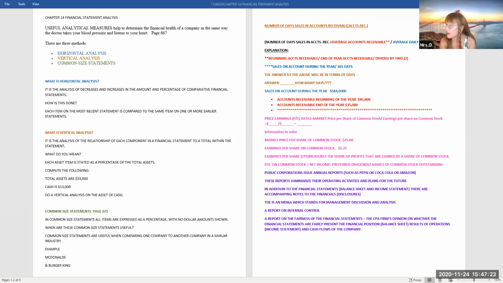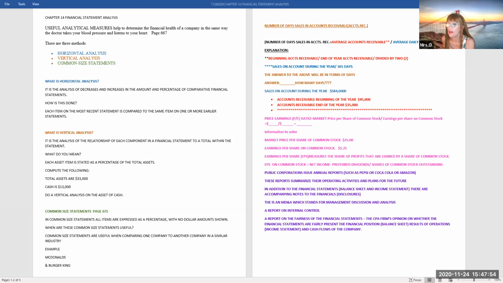Okay, so I'm going to give you some numbers and I want you to try to compute what the average accounts receivable is. So get ready to write. The beginning accounts receivable is $45,000. The end of the year accounts receivable is $35,000.